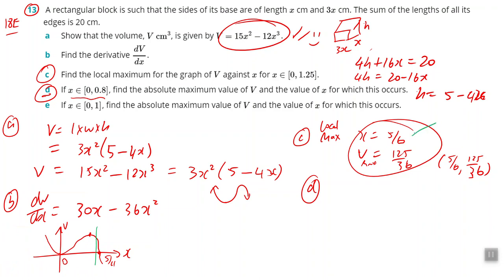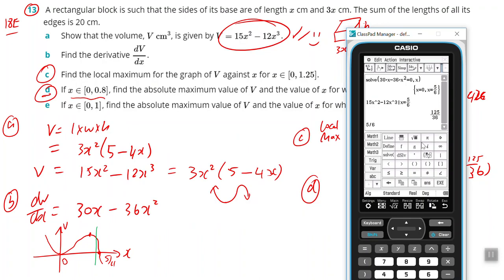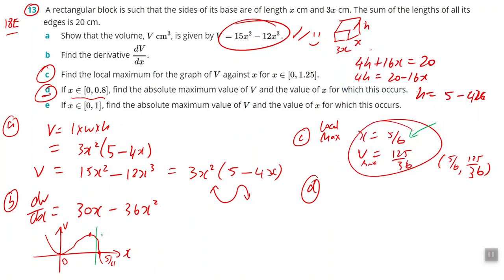Our original local maximum is at 5 on 6, which as a decimal is 0.8333. Since our new domain is 0.8, which is less than 0.8333, the graph is cut off here, so we can't use our original local maximum as the global maximum. We need to find what that equals. Our new maximum will actually be the value at 0.8.